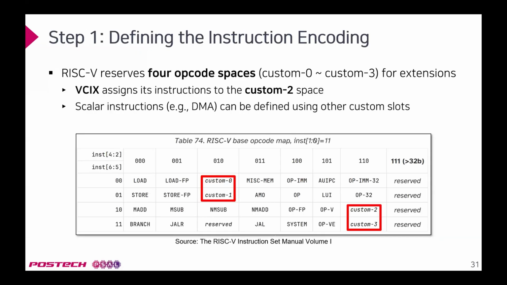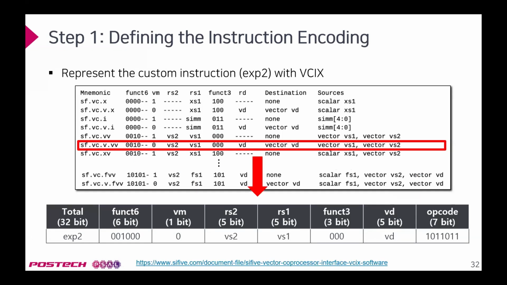RISC-V reserves 4 opcode spaces, custom 0 through custom 3, for vendor-defined extensions. The V6 assigns its instructions to the custom 2 space, and other custom slots can be used for custom instructions such as DMA instructions. For our custom exponent2 instruction, we use the V6 encoding.